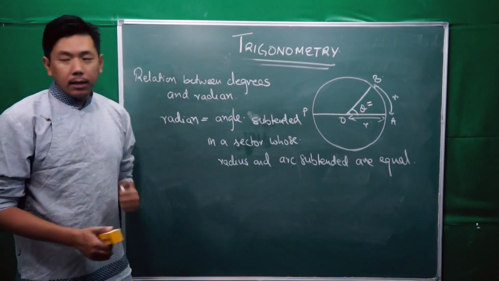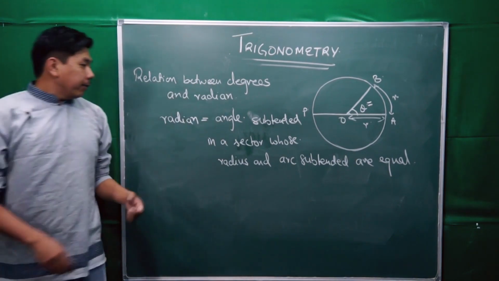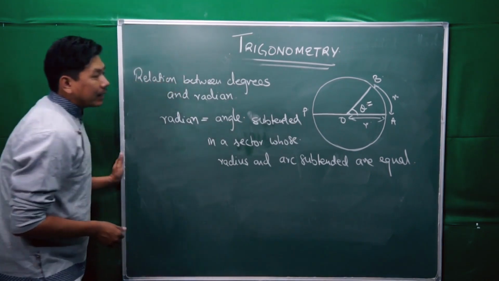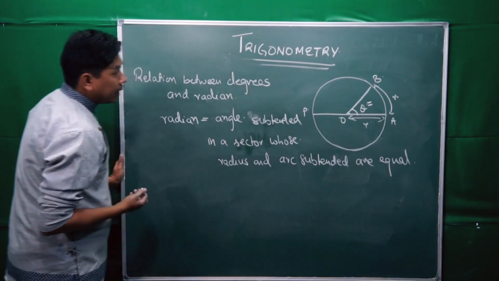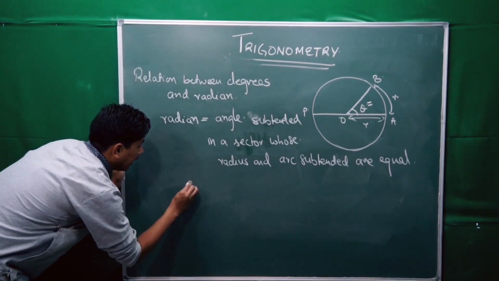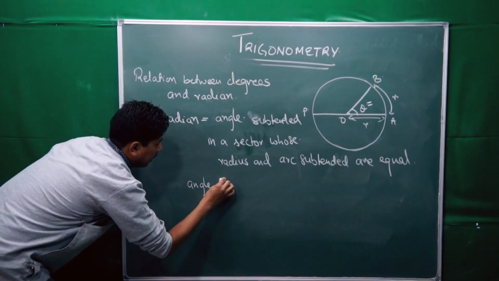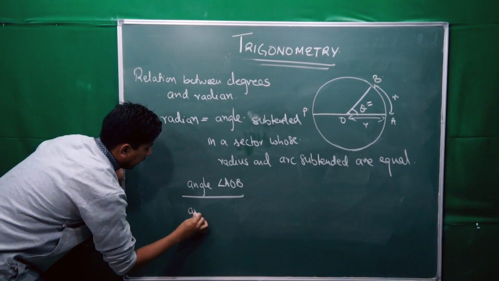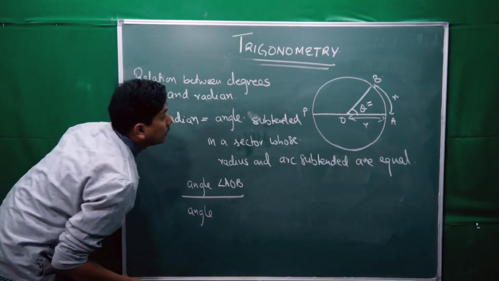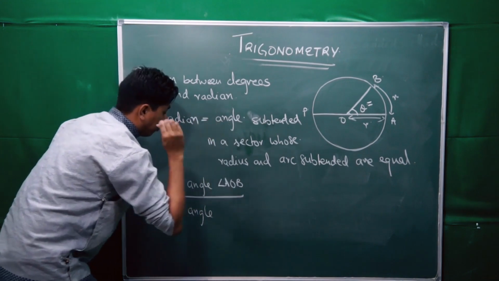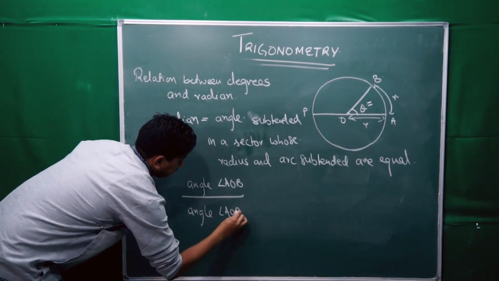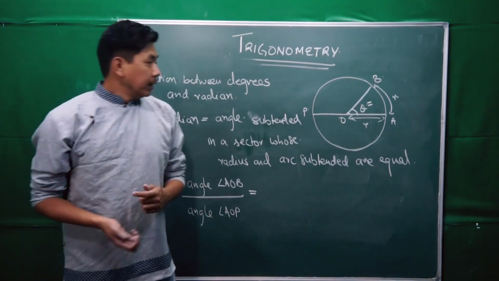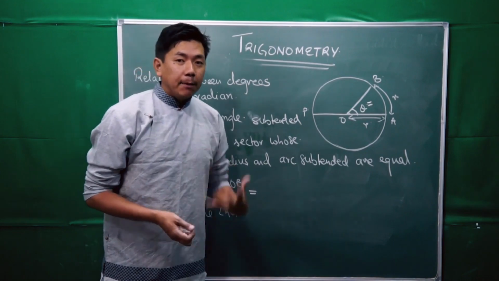Simple. So let's find the value of 1 radian. In the sector AOB, let's say angle AOB divided by angle AOP is equal to, now this is a basic part of similarity since it is the sector of the same circle.